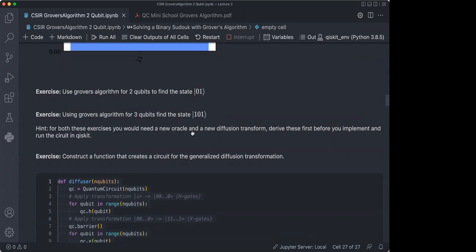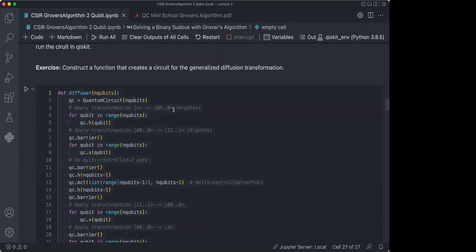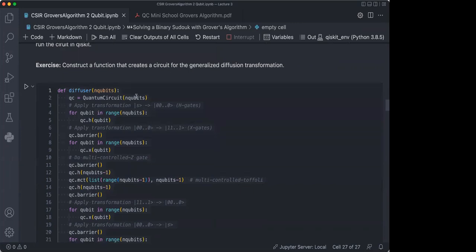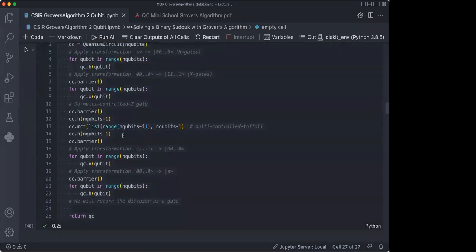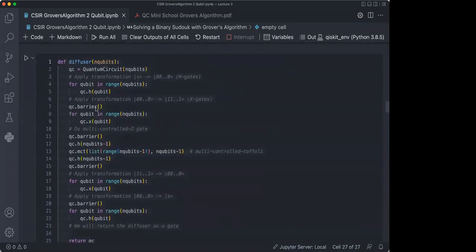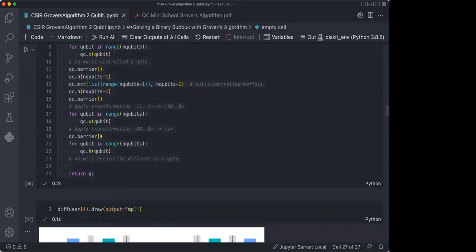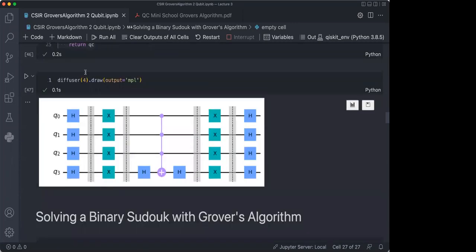But for both of these exercises, you're going to need a function that implements a more generalized diffusion transform. Given the number of qubits, it should construct the circuit for the diffusion transform. Effectively, that's what we've written here. It's an exercise, but I'll just provide it to you. This circuit implements the generalized diffusion transform. Just to show you, if we have 4 qubits, this is what the diffusion transform will look like.